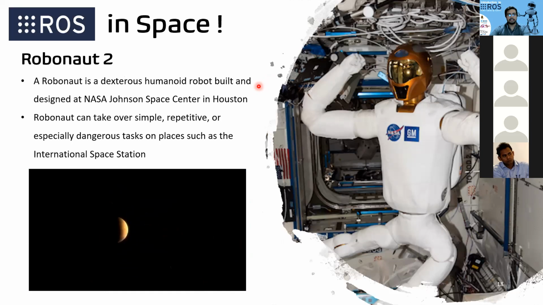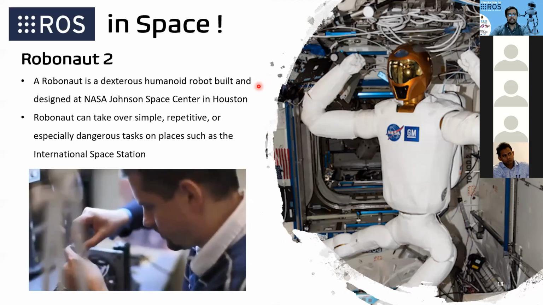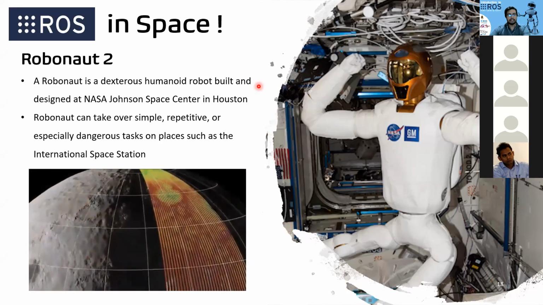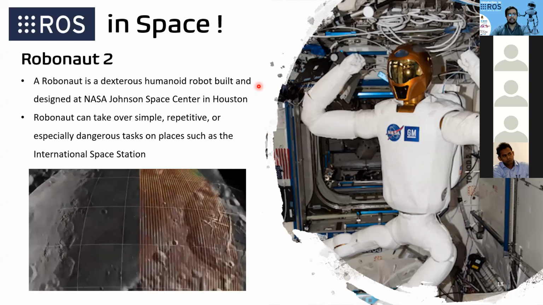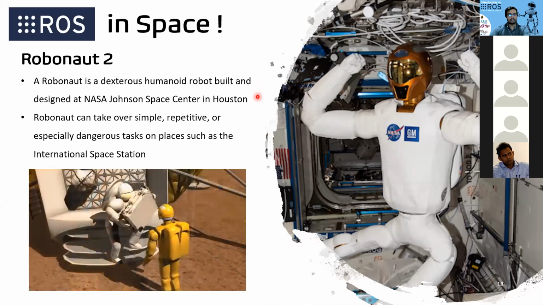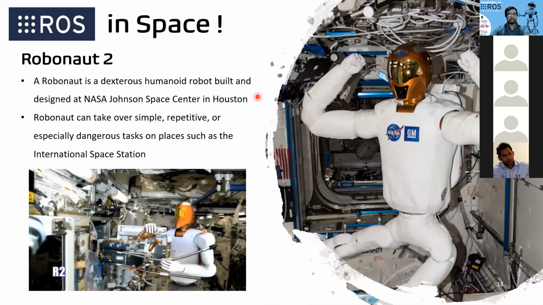So that's really cool for a robot to be able to perform in space, and more, as Dr. Faisal mentioned, what better endorsement than the confirmation that NASA also uses ROS on its space robots.